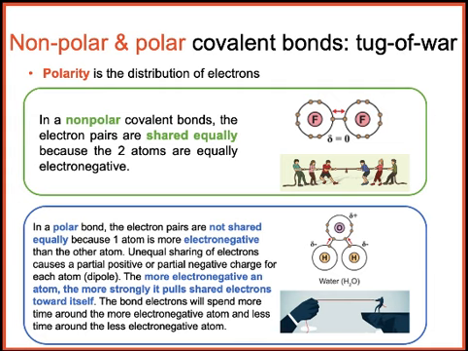You see that little delta sign, right? There's a partial positive towards the hydrogen and a partial negative towards the oxygen, okay? You have these little dipoles here. The more electronegative an atom, the more strongly it pulls the electrons towards itself, and the bond electrons will spend more time around the more electronegative atom.